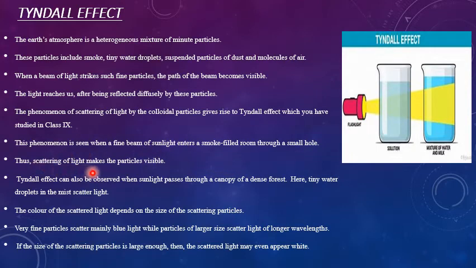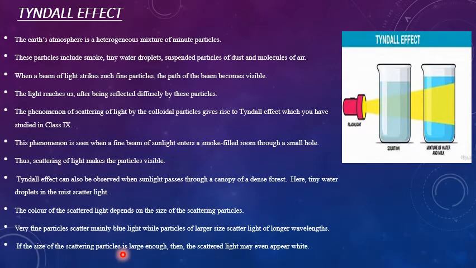The scattering of light makes the particles visible. The Tyndall effect can also be observed when sunlight passes through the canopy of a dense forest. Here, tiny water droplets in the mist scatter light. When there is a dense forest and you can see light entering through some gap in the forest, at that time also you can see the scattering of light.